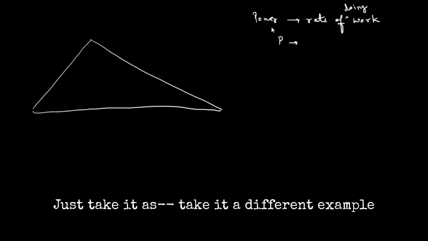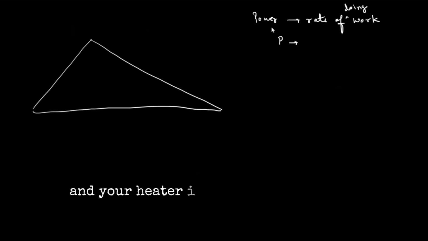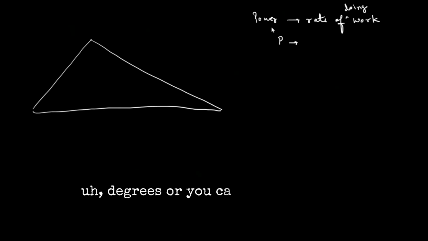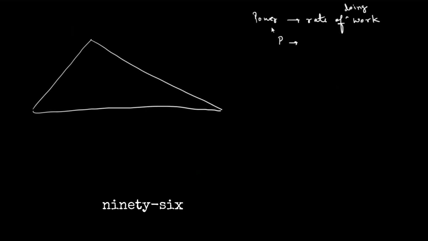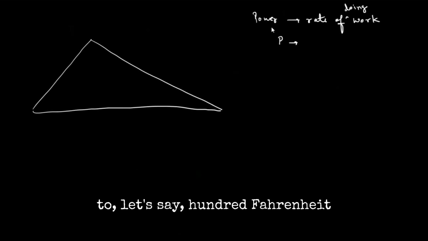Just take a different example. Suppose you're using a heater in a room, and your heater is working at, I assume, 95 or 96 Fahrenheit, and suddenly you increase the temperature to, let's say, 100 Fahrenheit.